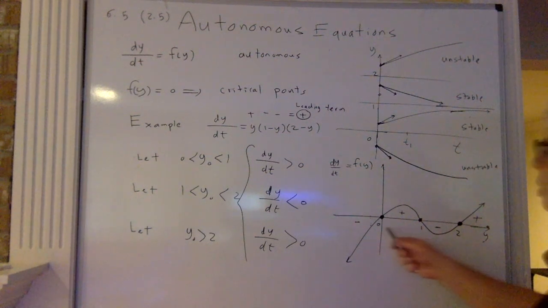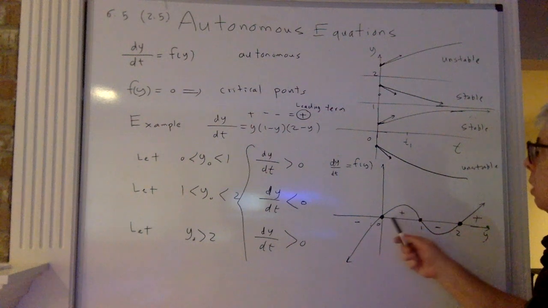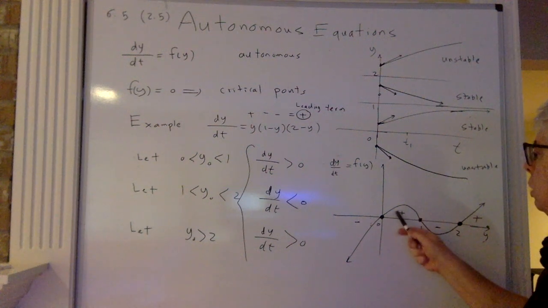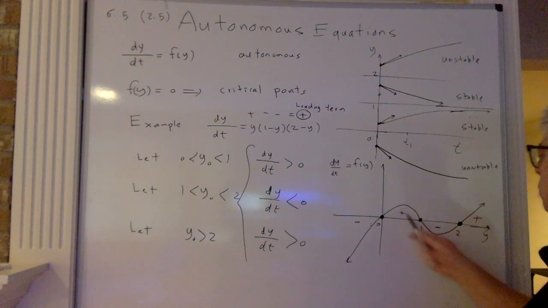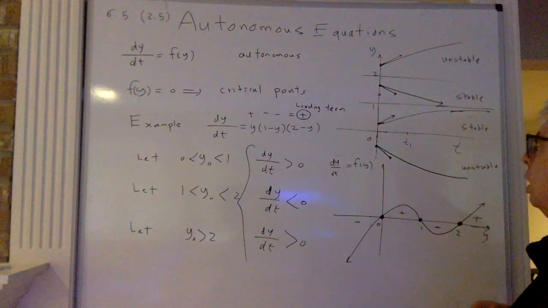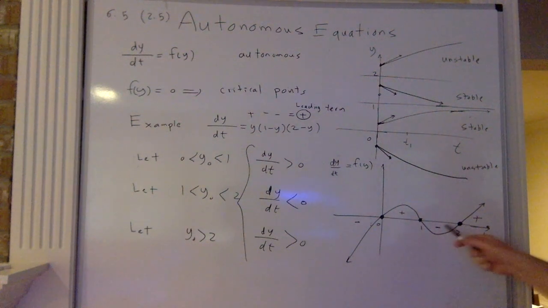And we can see from this graph that here it goes from positive to negative, negative to positive, and this is in fact stable. This is also stable, and here unstable, and here it is unstable. So that is what happens for this one.